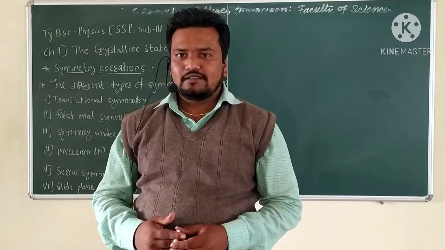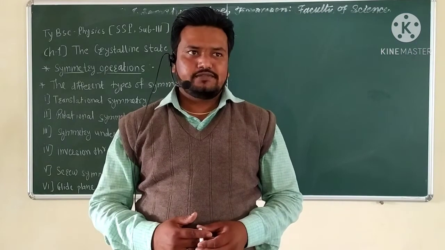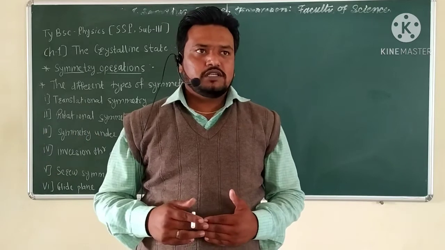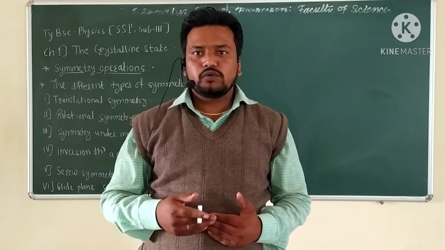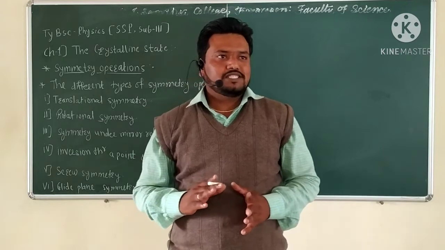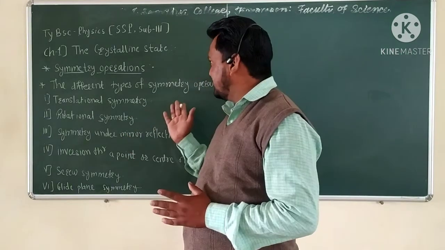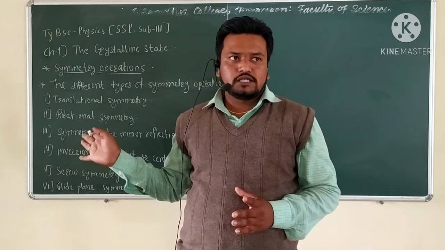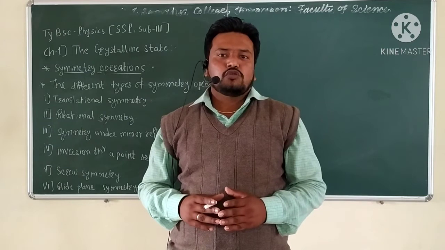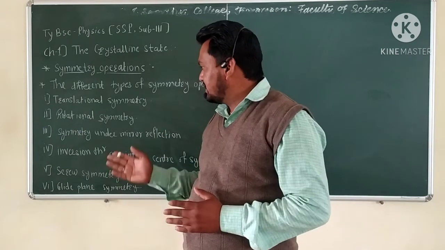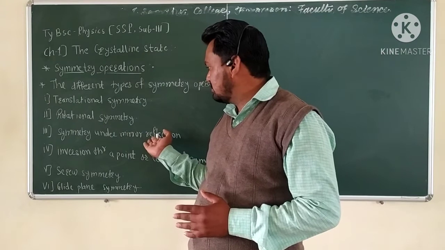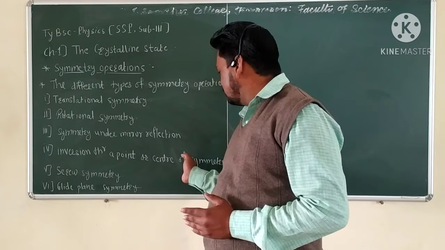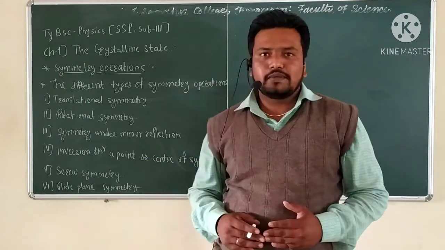We have to see here the subject is solid state physics, and we want to continue the first chapter, that is the crystalline state, and the point which is the different types of symmetry. The different symmetry operations we have seen are translational symmetry, rotational symmetry, skew symmetry, symmetry under mirror reflection, inversion through a point or the center of symmetry, and glide plane symmetry.